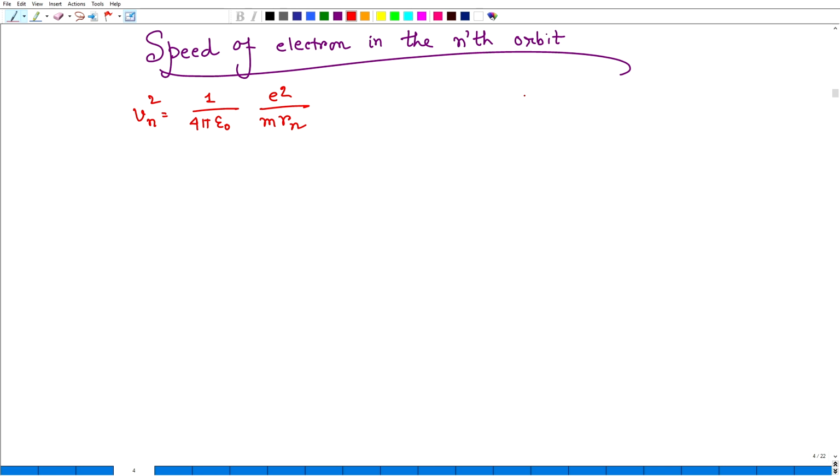So Vn square is proportional to 1 by Rn, so Vn should be proportional to 1 over root Rn, correct. And again we know that Rn is a naught n square. So if we put that here, root Rn should be root a naught n, and a naught is constant, so we don't need to write a naught, so it will be directly 1 by n.